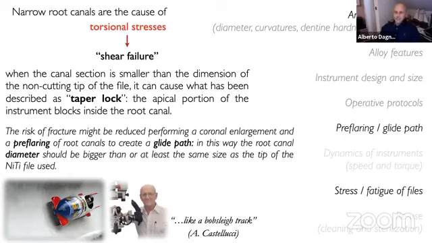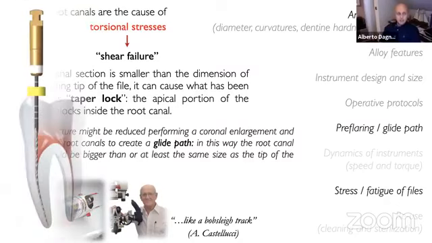And this can stress the file, it can exceed the elastic limit of the file, and in many cases the taper lock is the cause of torsional stresses that may cause the breakage of the file inside the canal.